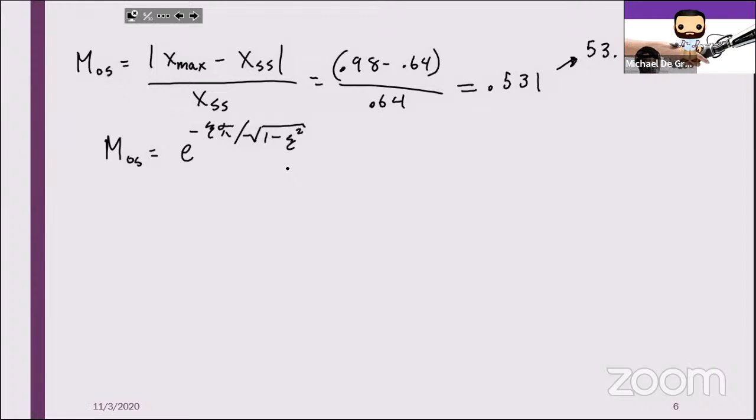And so now we want to solve this equation because I know the maximum overshoot and I can solve directly for zeta here, right? Well, I'll take the natural log of both sides.